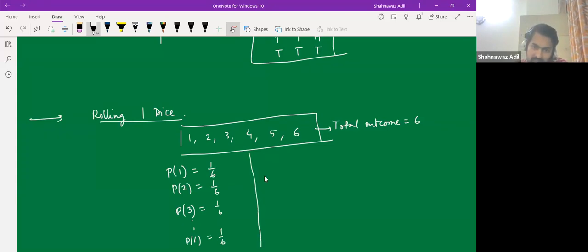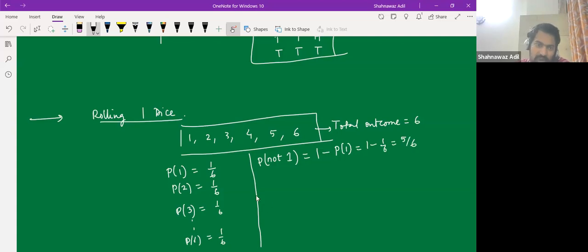If I ask you to calculate P(not 1), the probability of not getting 1, this is how much? 5 by 6. You calculate it by using 1 minus the probability of getting 1, so 1 minus 1 by 6, which is 5 by 6.